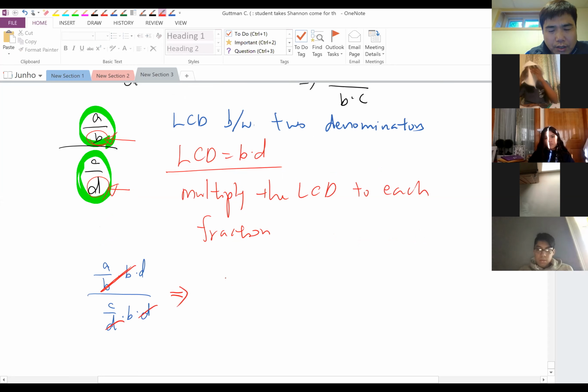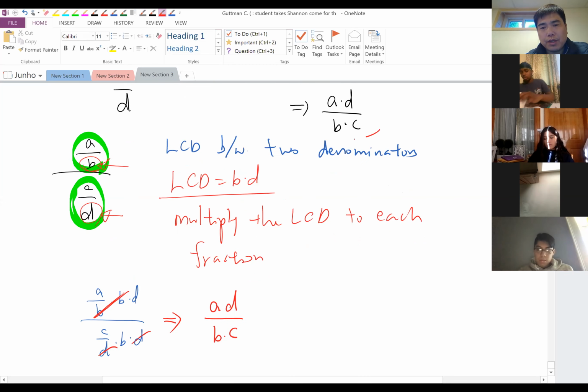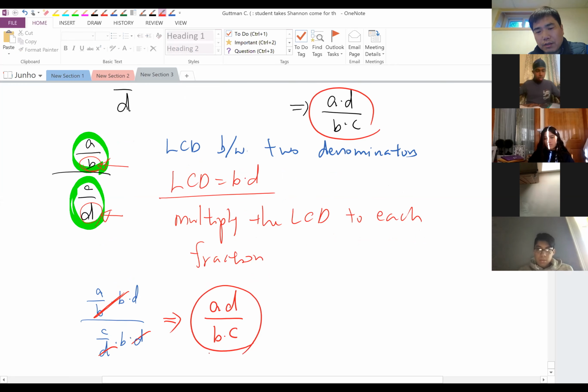As a result, we got AD over BC. As you see, we got exactly the same expression after simplifying. That's basically what we do for all different kinds of complex fractions.